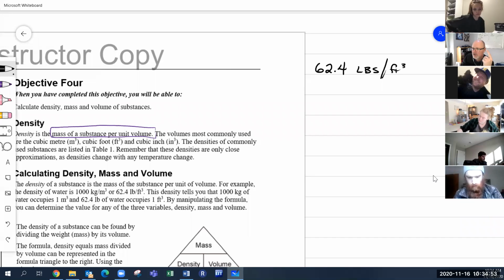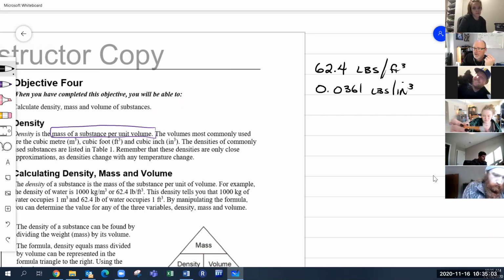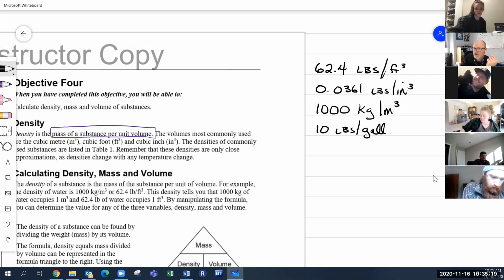How about 1 inch? I'll write it. How about metric? How about this one? How about this one? Okay, this is imperial, this is metric.